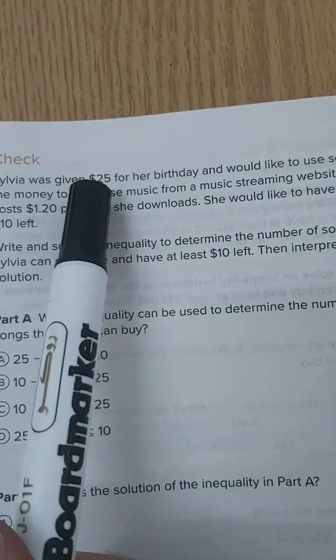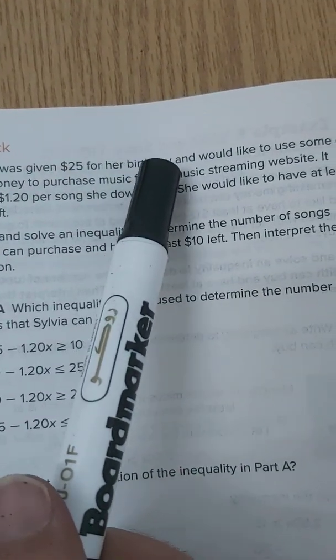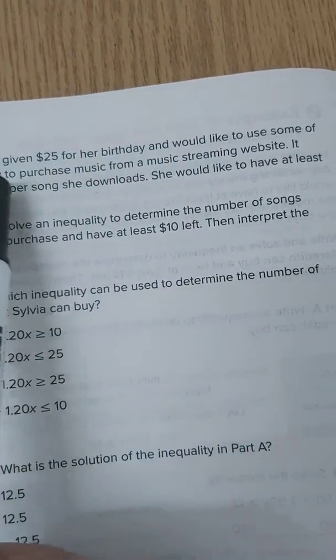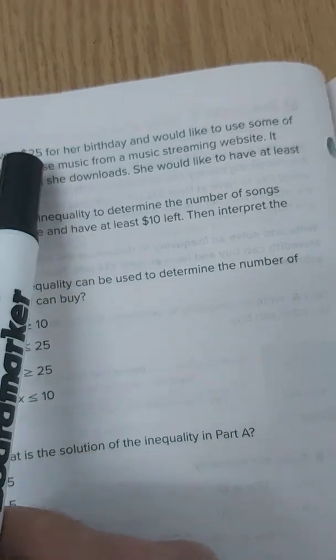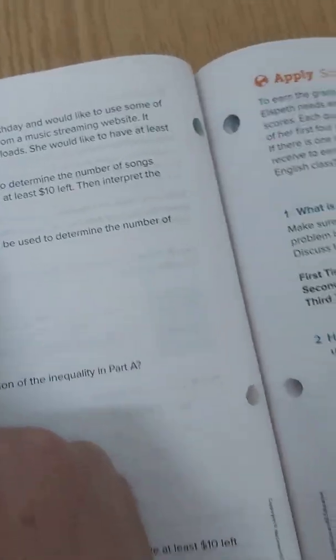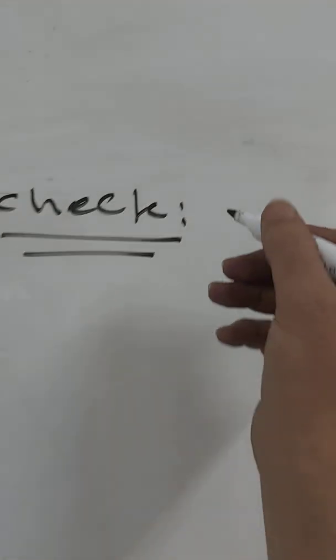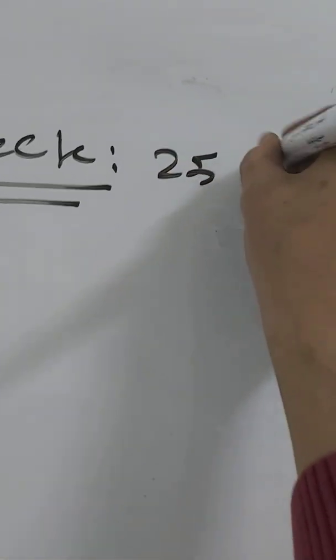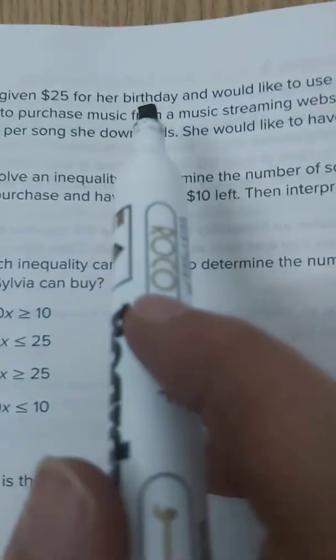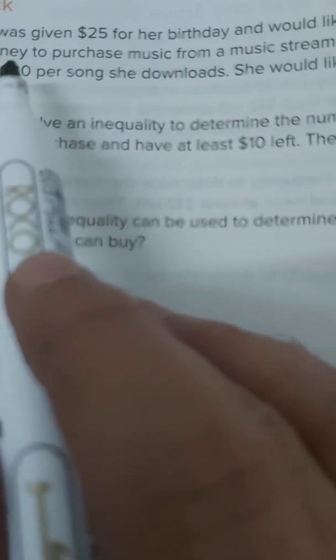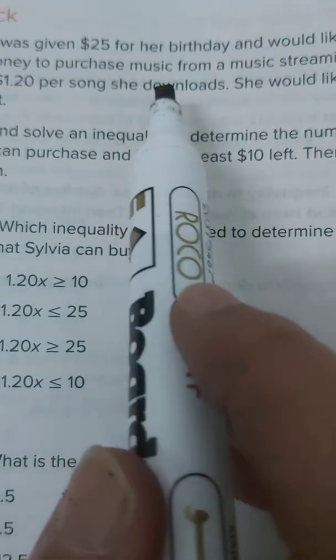Sylvia was given $25 for her birthday and would like to use some of the money to purchase music from a music streaming website. So she has only $25, okay? What we will spend should be less than or equal to 25 because she has only 25. It costs $1.20 per song she downloads.